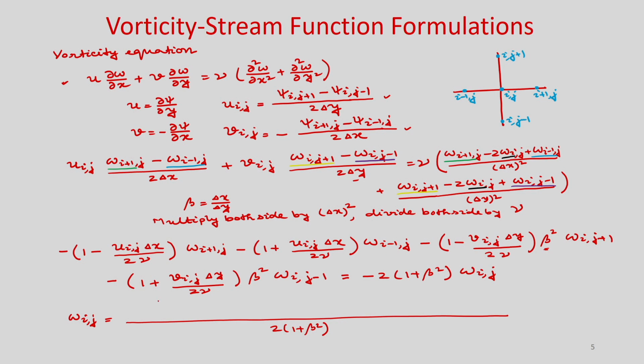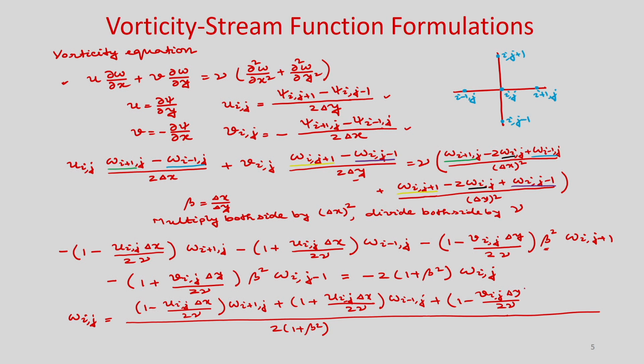And so it will be (1 minus u_ij Δx divided by twice ν) ω_{i+1,j} plus (1 plus u_ij Δx by twice ν) ω_{i-1,j} plus (1 minus v_ij Δy by twice ν) β² ω_{i,j+1}, plus (1 plus v_ij Δy by twice ν) β² ω_{i,j-1}.